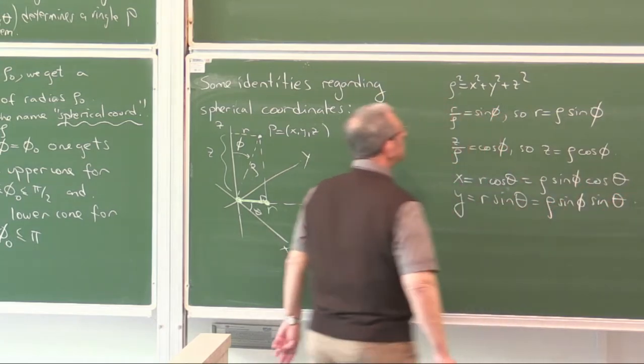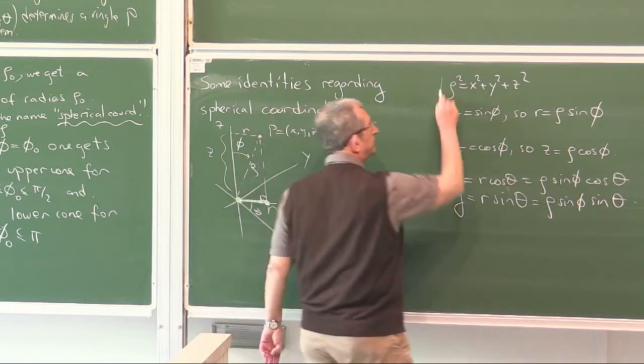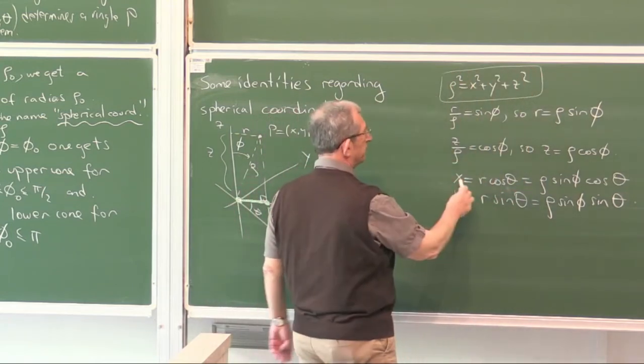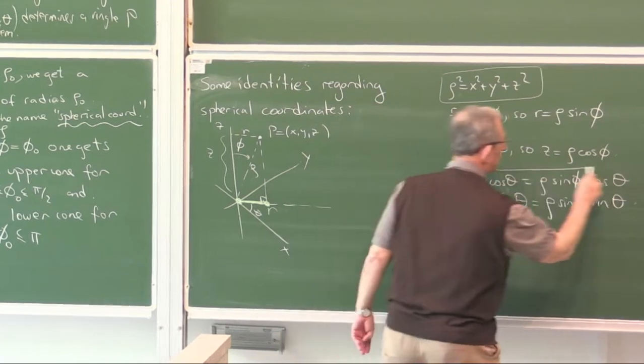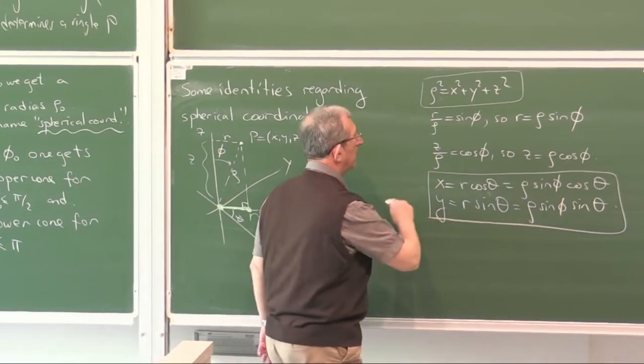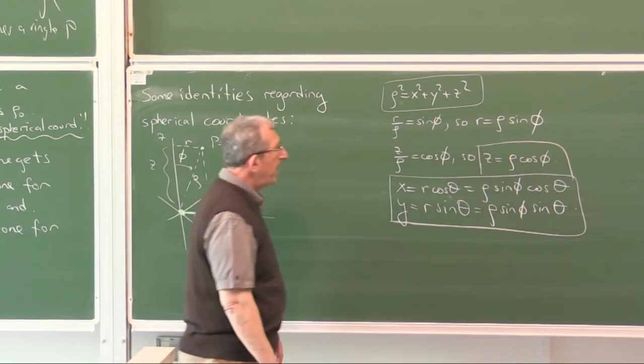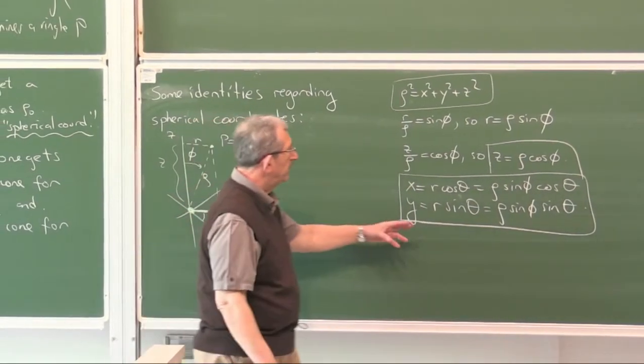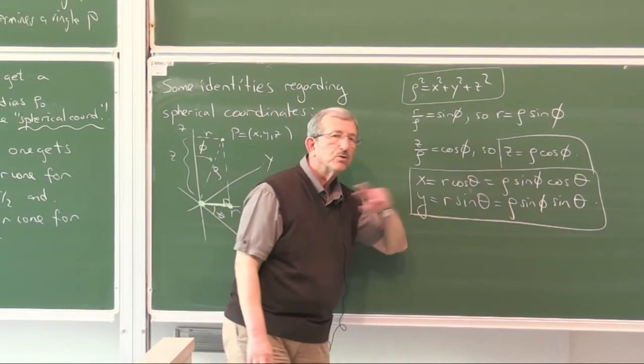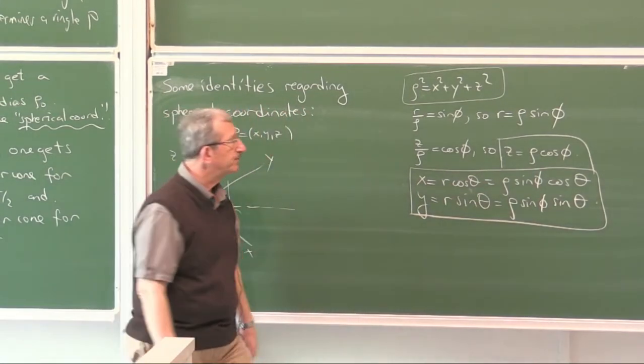So these identities, and this one, they convert the Cartesian system to spherical coordinates.